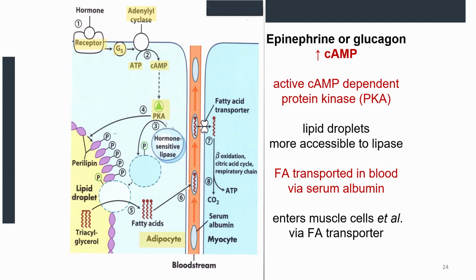Cyclic AMP activates protein kinase A, and protein kinase A is a transferase. It's going to use ATP to phosphorylate hormone sensitive lipase. And you might be thinking, okay, I've heard about transferases. Yes, you have. We talked about transferases in the context of kinases.